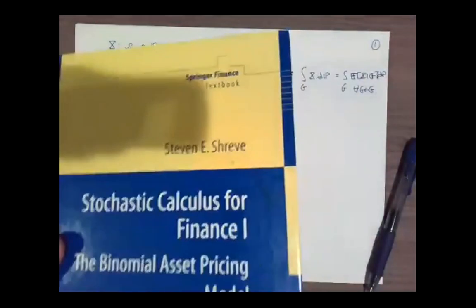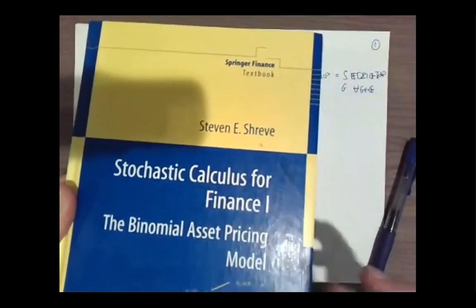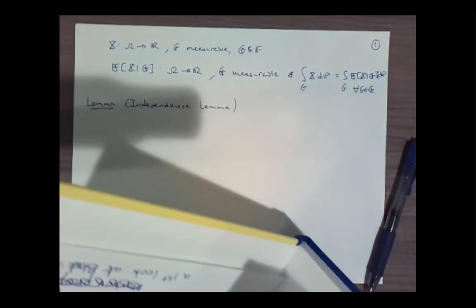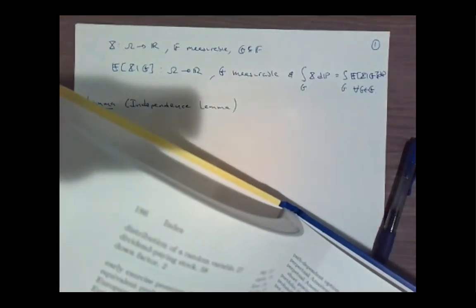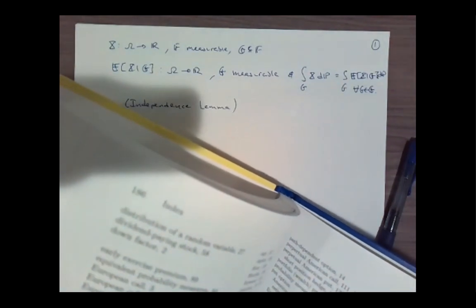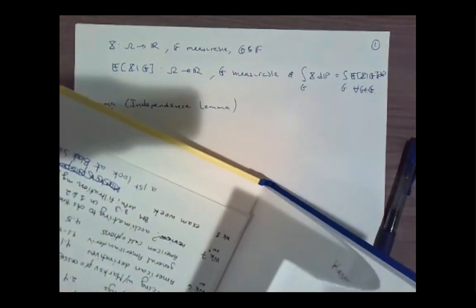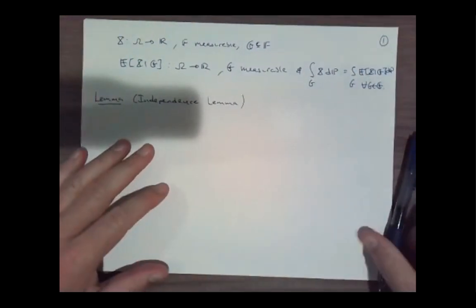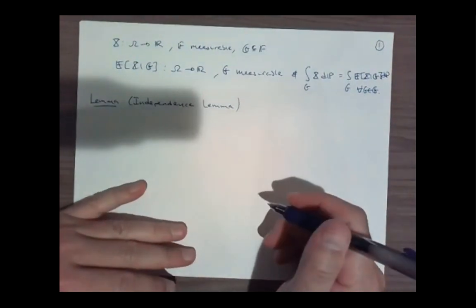If you look at the thin one, the first book, and flip over to the back, there's an entry for the independence lemma, and it's this one here. You can also find a version of it in the thicker book.